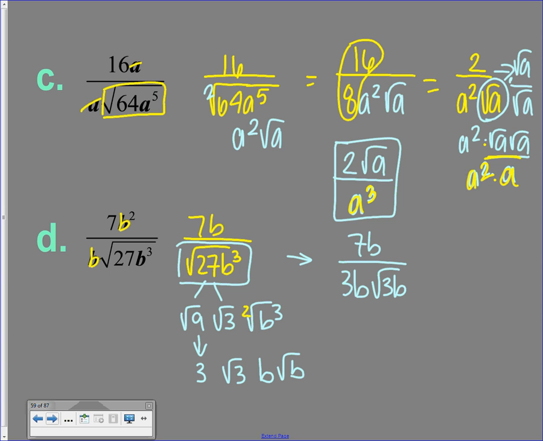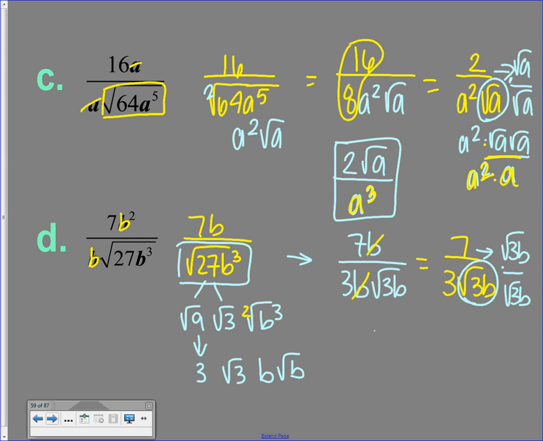Okay? Again, I'm still going to simplify here. I'm going to notice that one of these b's can cancel with one of those b's. So I've got 7 over 3 times the square root of 3b. Also important that you realize that you're only getting rid of your problem, and that's the square root. So all I'm going to do is multiply the top and the bottom by the square root of 3b. Again, you're multiplying straight across.